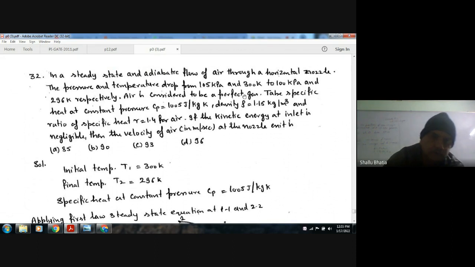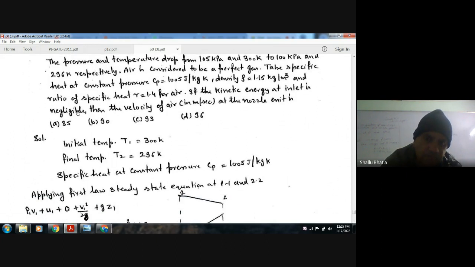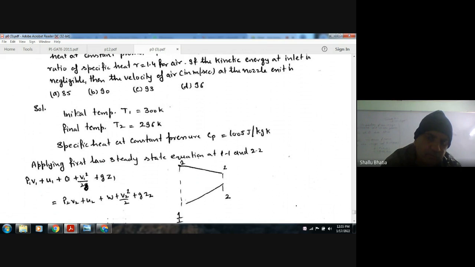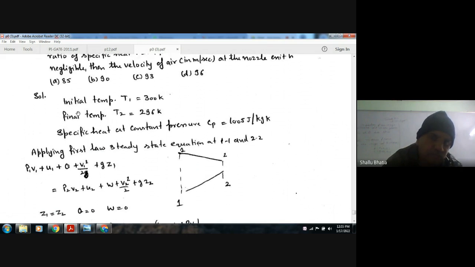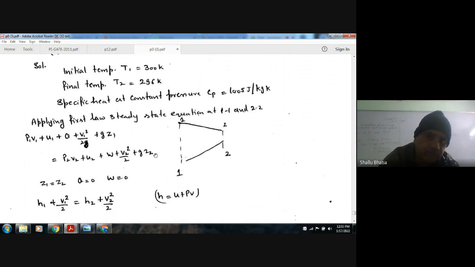Okay. So the temperature at the entry is 300 Kelvin and temperature at the exit is 296, and Cp is 1005 joule per kilogram per degree, not in kilojoule. Now this is your entry, this is your exit. Now applying the steady state energy equation at 1 and 2.